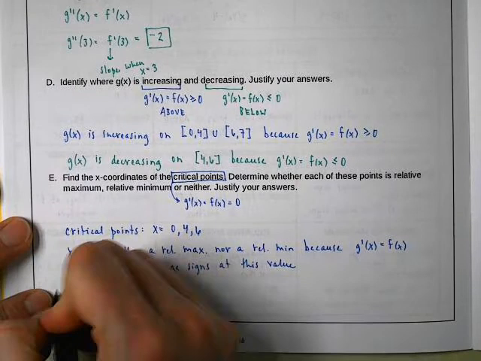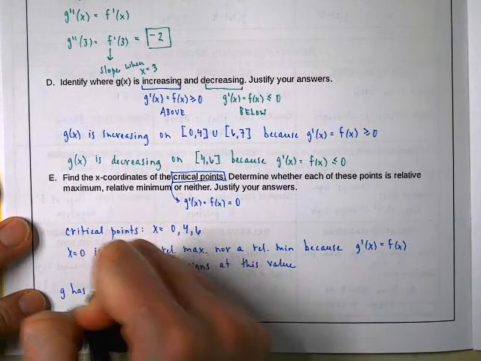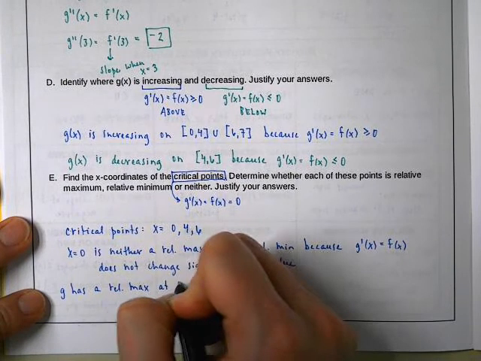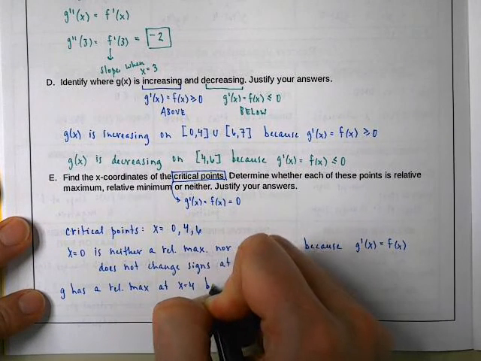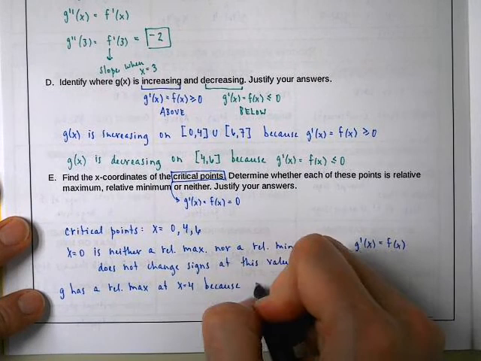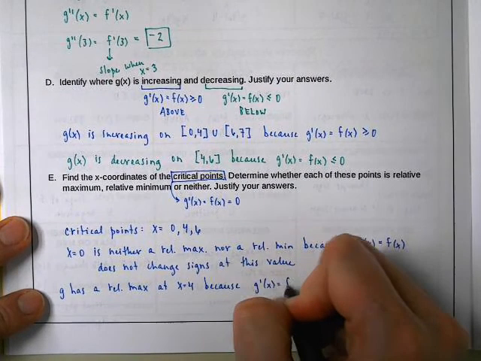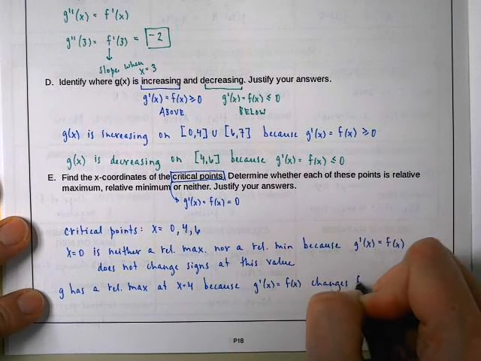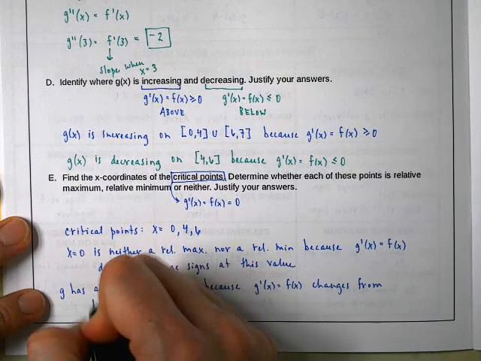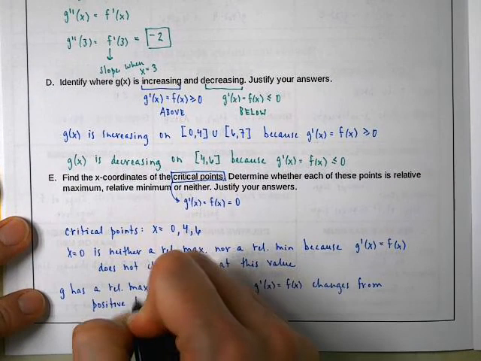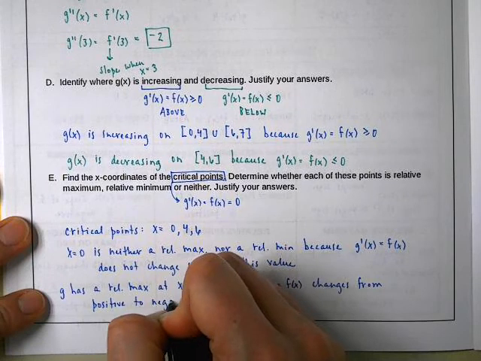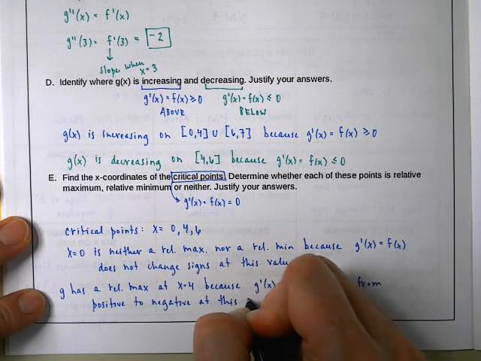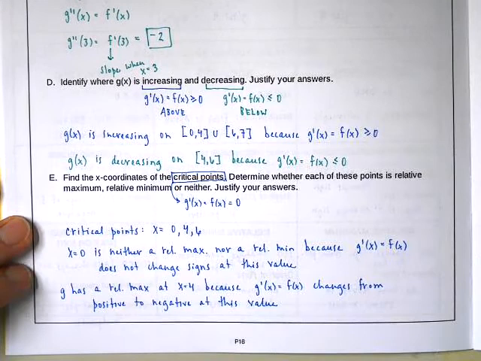So we would say g has a relative max at x equals 4 because, again, g prime of x equals f of x changes from positive to negative at this value. Or you could say at x equals 4.